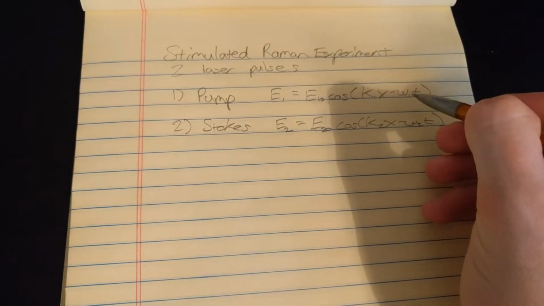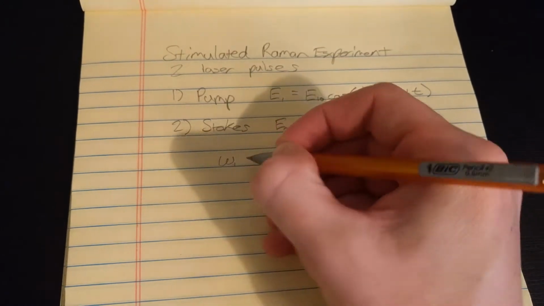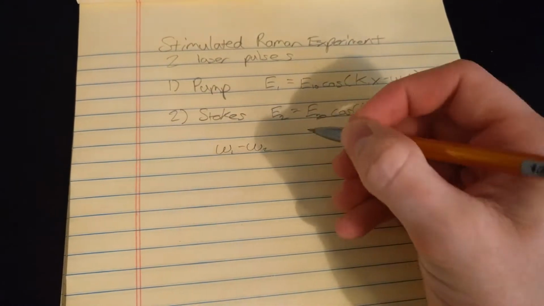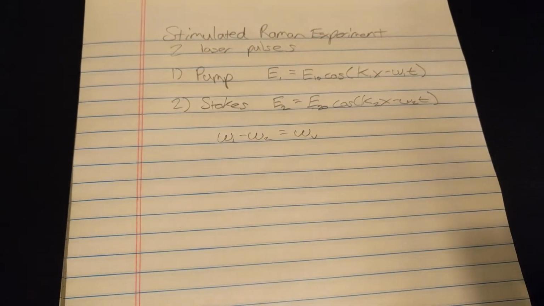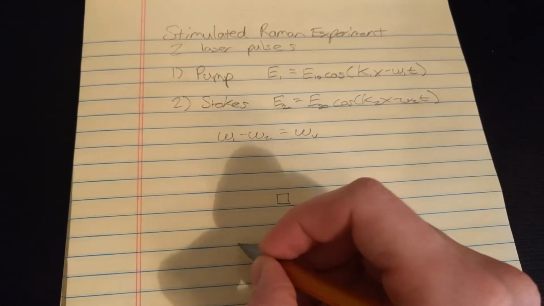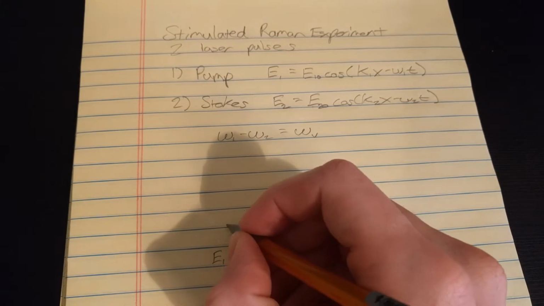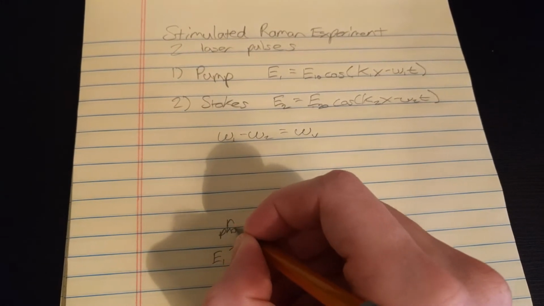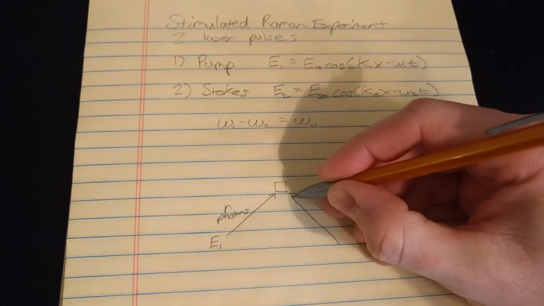And the difference between the frequencies, so omega 1 minus omega 2, is going to be our vibrational frequency of interest. So we start with the sample, we shoot E1 at it, and let's say E1 has n photons. We also shoot E2 at it.